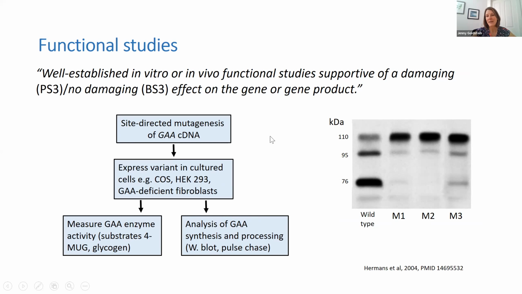So GAA is synthesized as this sort of proenzyme. It then gets cleaved, and then the active form is the 76 kD. So this is the wild type pattern. All of these are missense changes, and you can see that they typically will get stuck at this pre-enzyme stage. And then often, of course, for the loss of function variants, you just won't see anything because those are picked up by NMD.